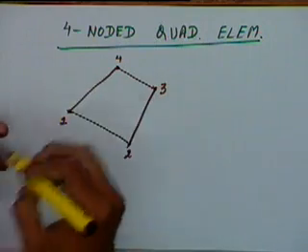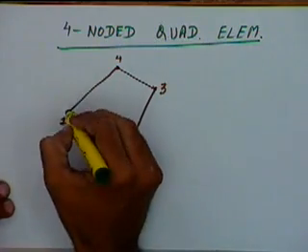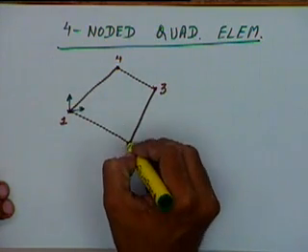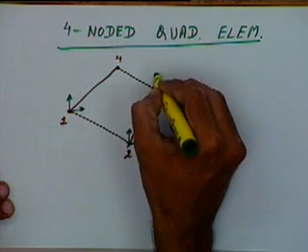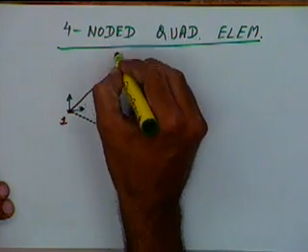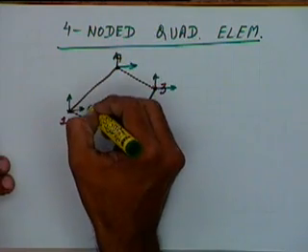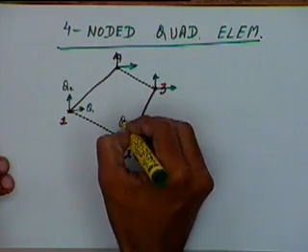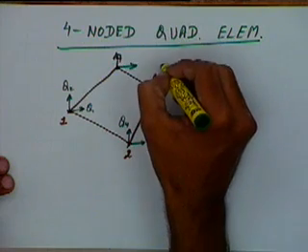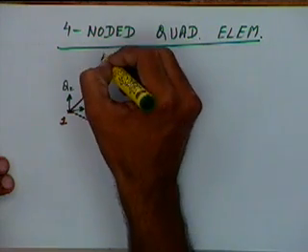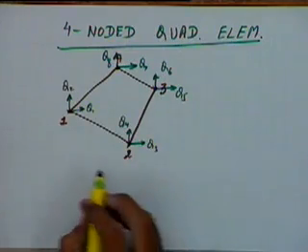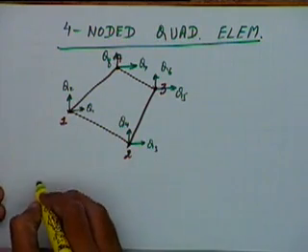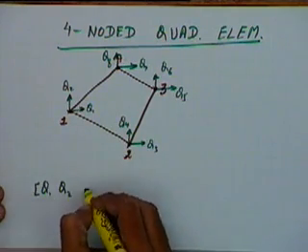Okay, so we have 4 nodes, and the deformation of these 4 nodes, Q1 to Q8, will be the 8 deformations at these nodes, and the deformation vector for this element will be given by this 8 tuple.